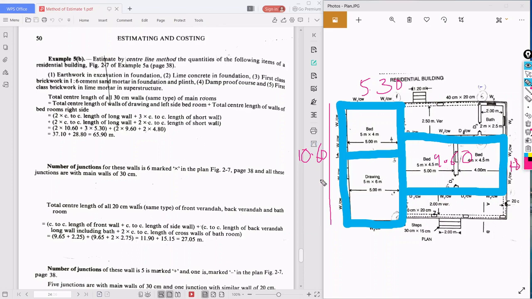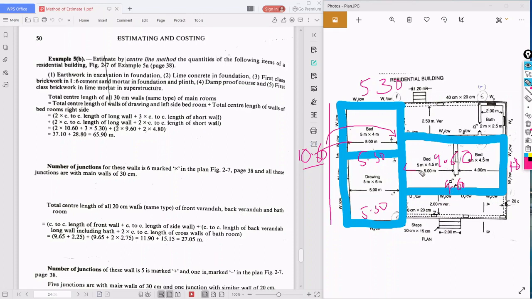Okay, so 10.60 plus 10.60. This is also 10.60 and this is also 10.60, plus 5.30, plus 5.30, plus 5.30, plus 9.60, plus 9.60 for both the long walls.